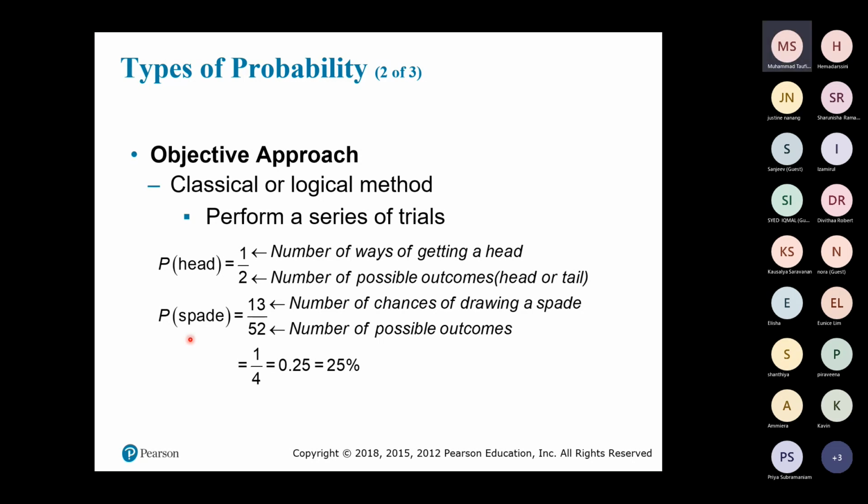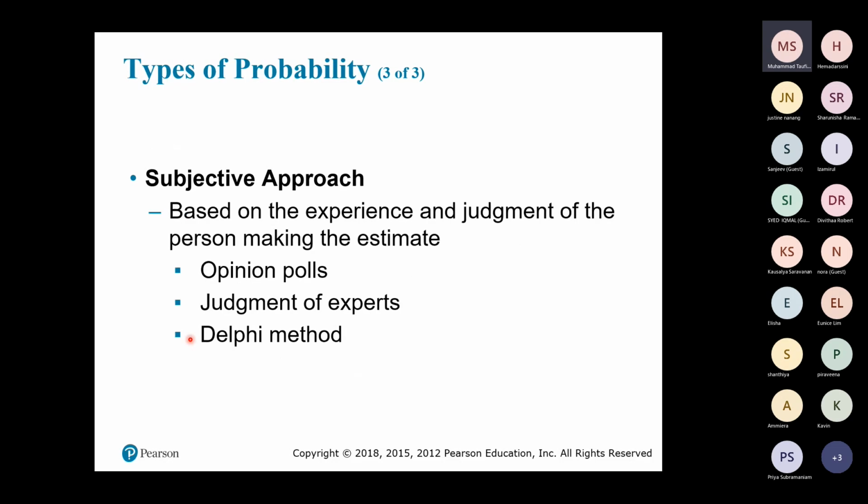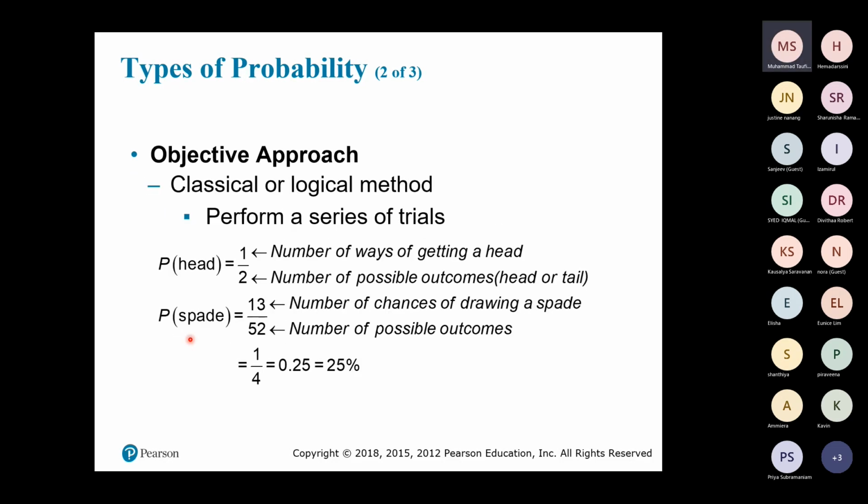That is how you calculate your probability value. These are the second method. That is the objective approach. So for the objective approach we have the frequency and also the logical method.